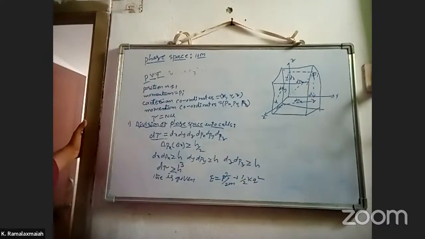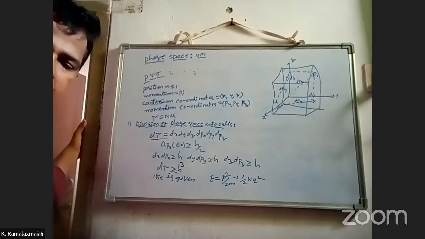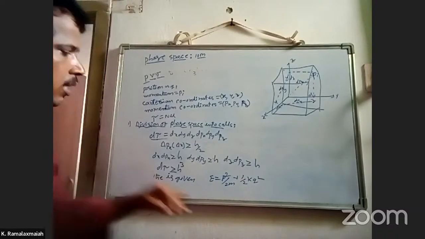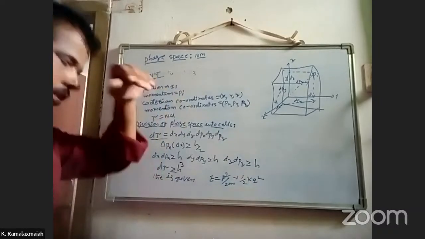The first term is the kinetic energy, and the second term is the potential energy.